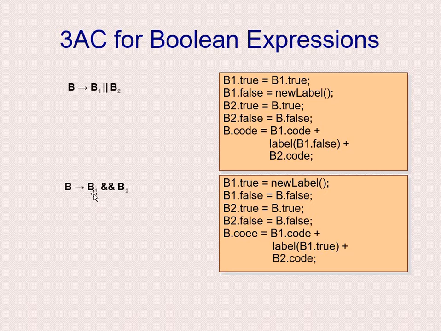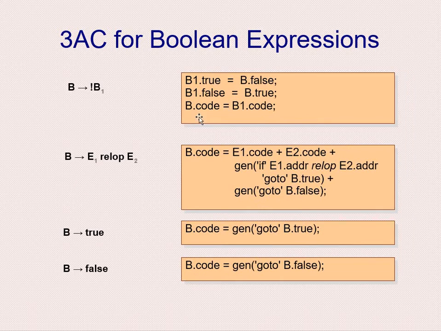If B1 is false, then B is false, or if B2 is false, then B will also be false. So both B1 and B2 should be true, then only B will be true.